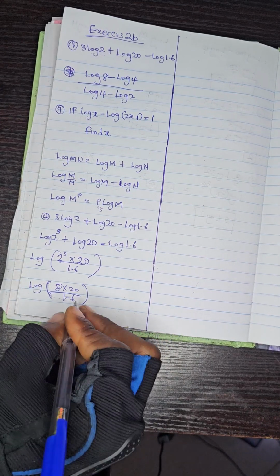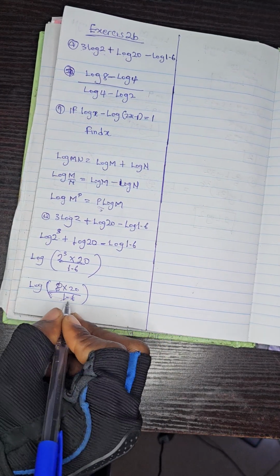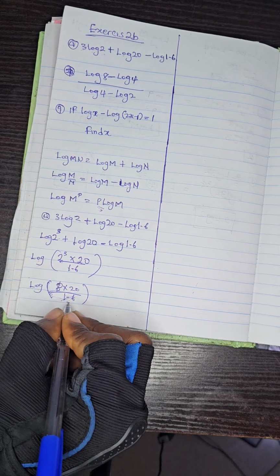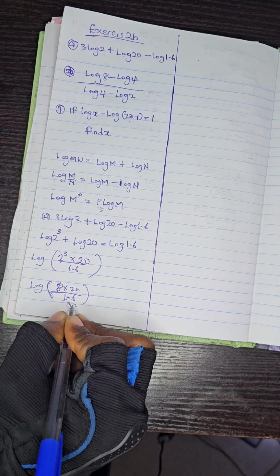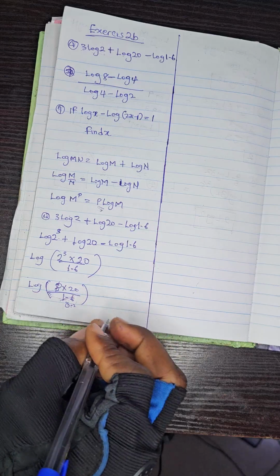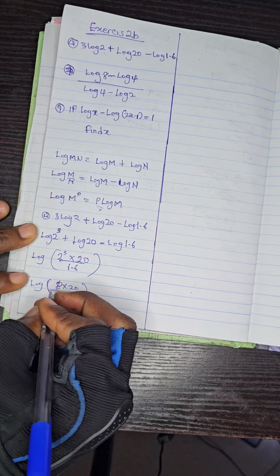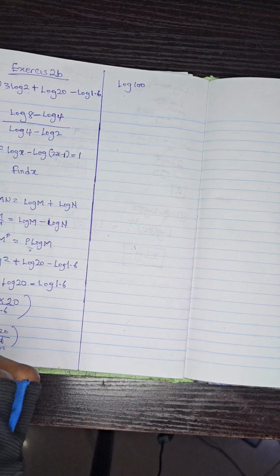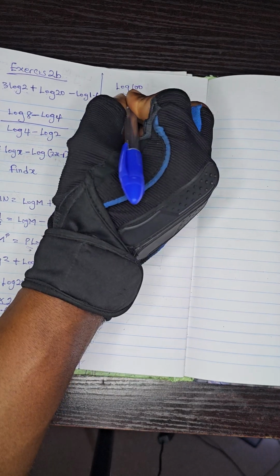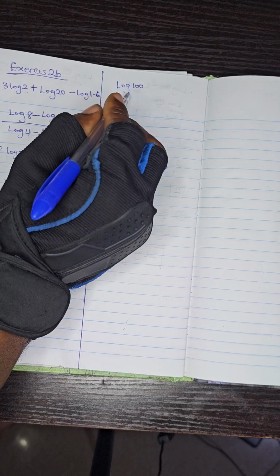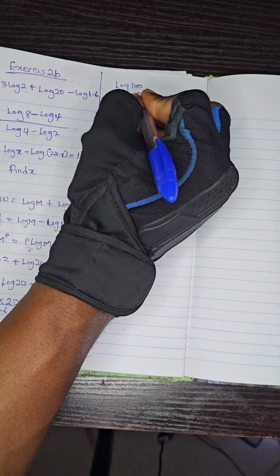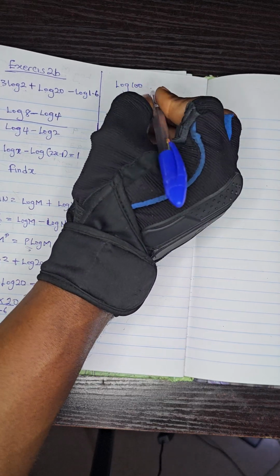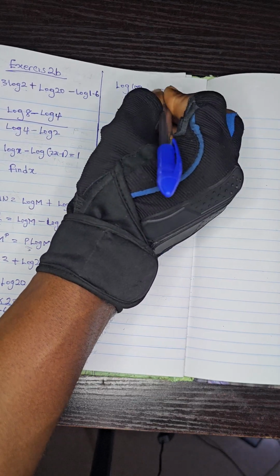If you divide this by this, you have 0.2, and 20 divided by 0.2 is 100. So you have log 100, and because I told you whenever you have a log that doesn't have a base, it means the base here is 10. So log 100, what would 10 be raised to give you 100? The answer is 2. So 2 is the answer.